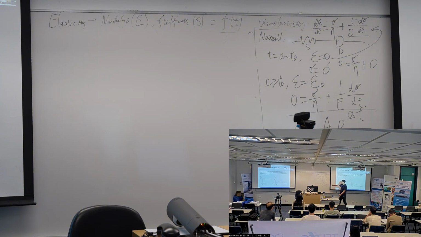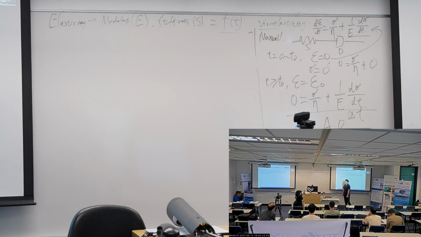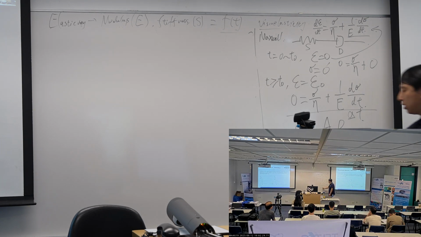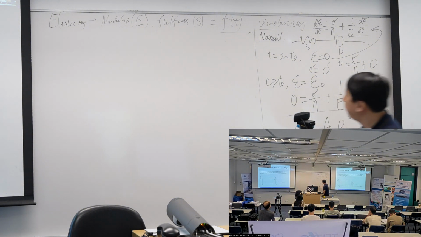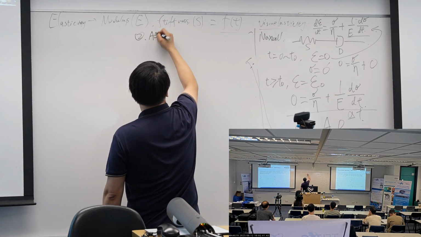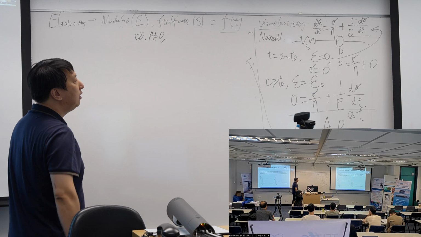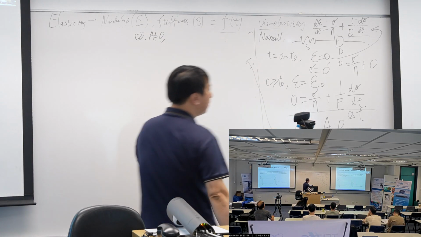Of course, A equals 0 is a solution, but that means this material is purely fluid or purely water, but that's not our condition. So A equals 0 is a solution, we just note it. And the second condition is A does not equal 0. If A is not equal to 0, you can divide both sides by A e^(alpha t).